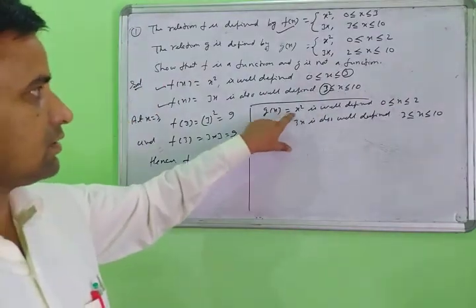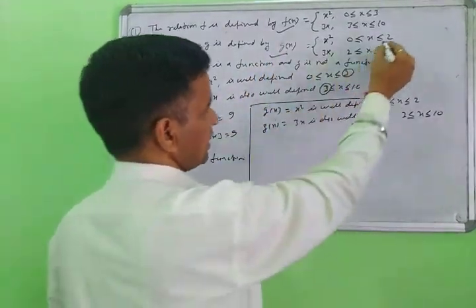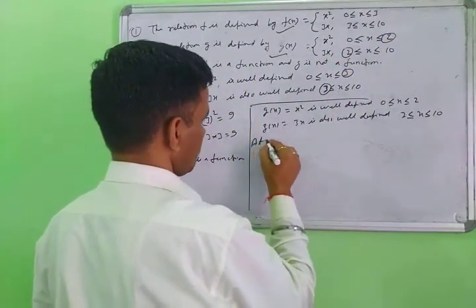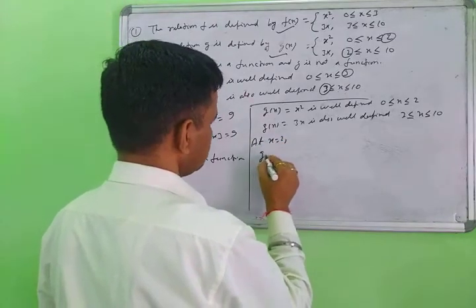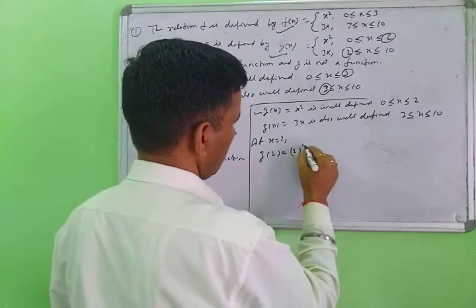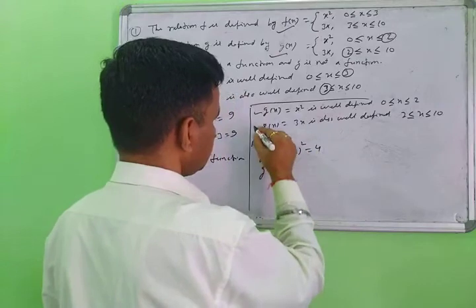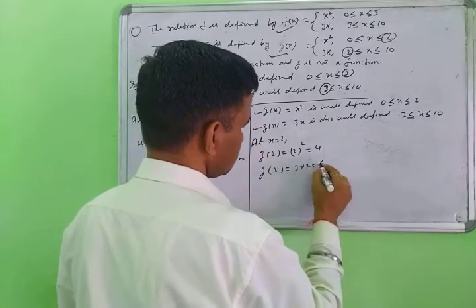Here I am taking the next function g(x). Same thing here, the 2 and 2 values are similar. At x equal to 2, that means g(2), for the first function, the square of 2 is 4. Next, using this function, g(2) is 3 into 2, this is 6.